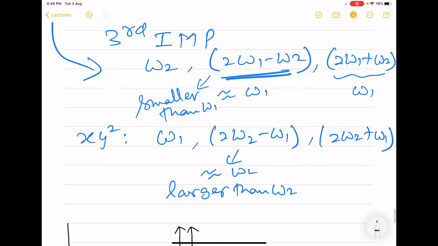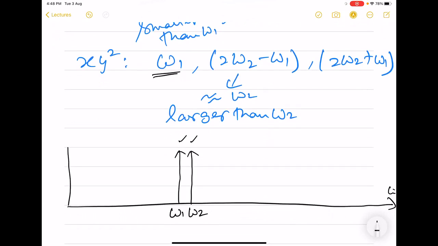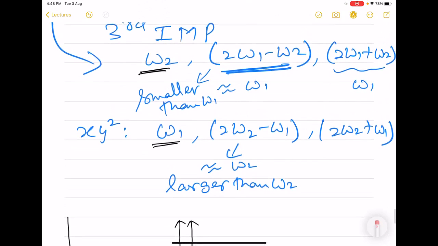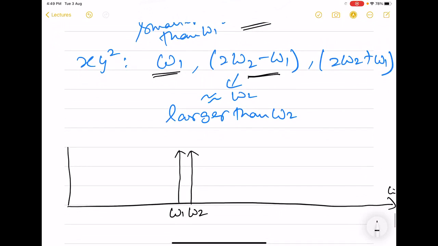Now if you talk about this cubic term, we have this fundamental. That is why I said that these amplitudes are not that of the ideal case. They will have contribution coming from the cubic terms. And then we have this term, which, as was pointed out, will be closer to omega 1 but smaller than it, so this will be on the left side, while this one is closer to omega 2 but larger than omega 2, so it will be on the right hand side.